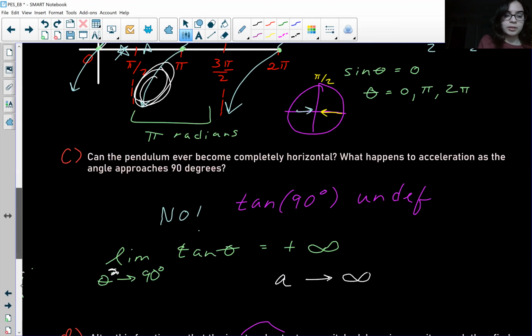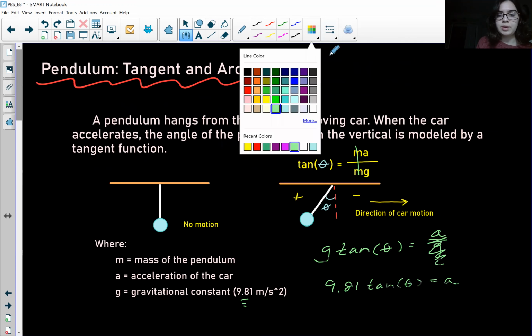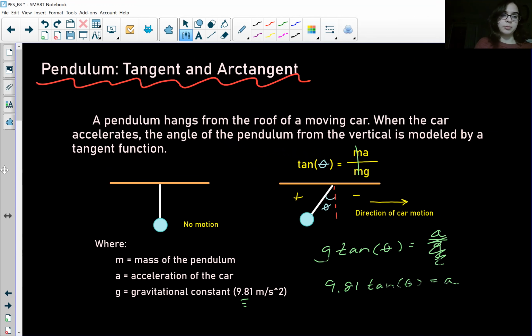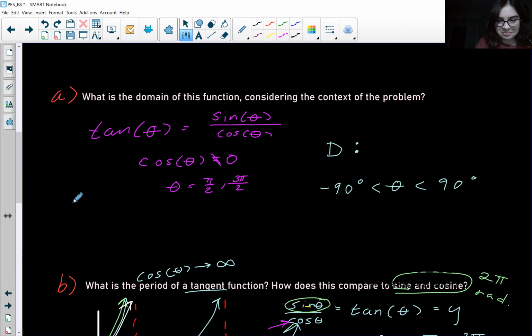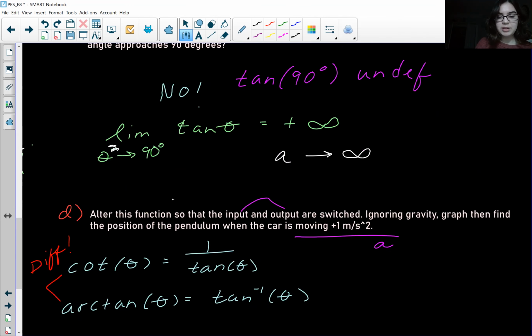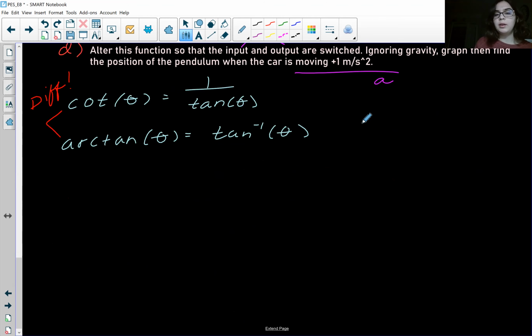Ta-da! All right, let's go ahead and write it down here. The reason I did that was so that we had a by itself, and it looked like the kind of function you would graph.